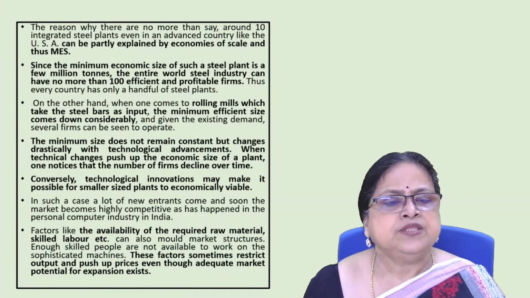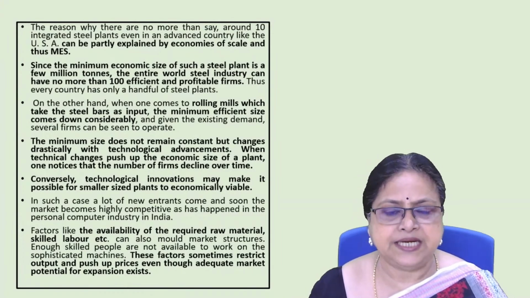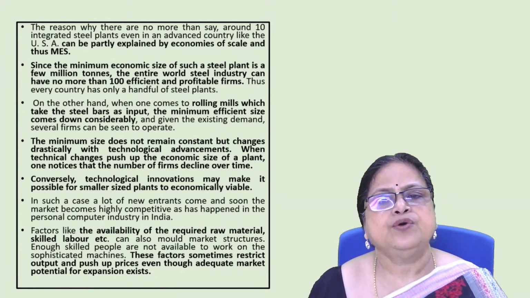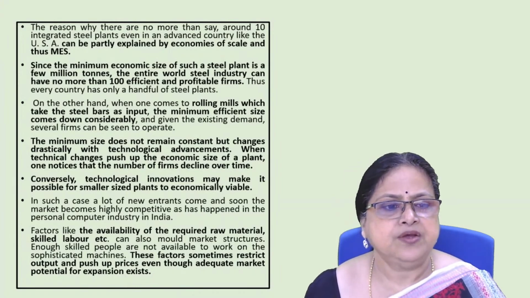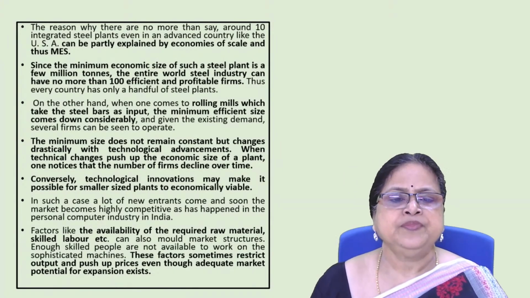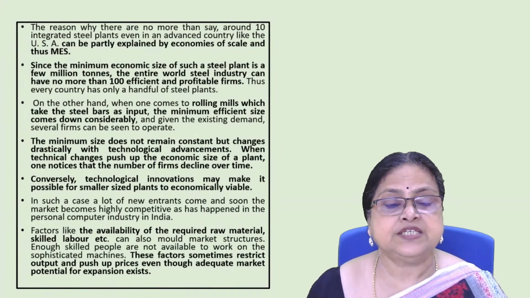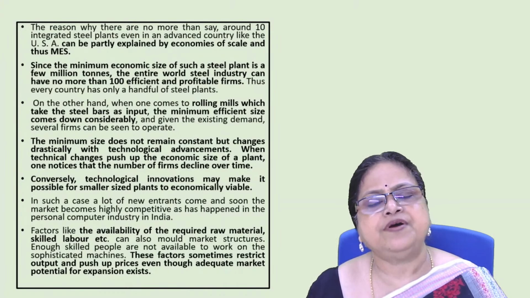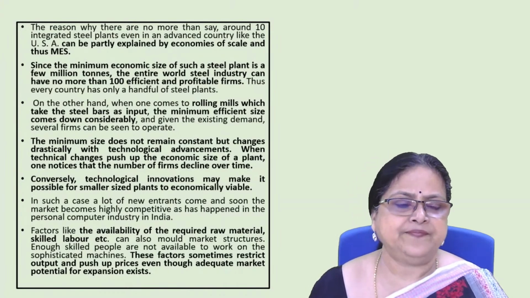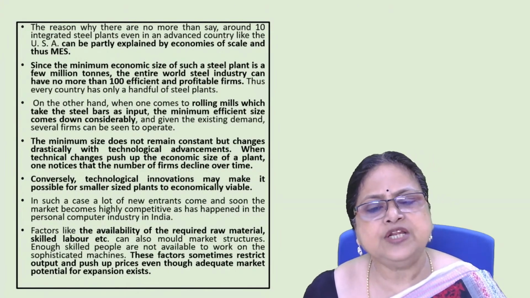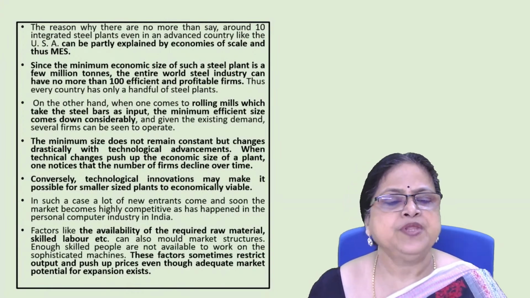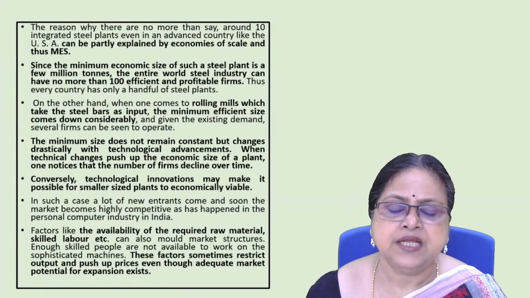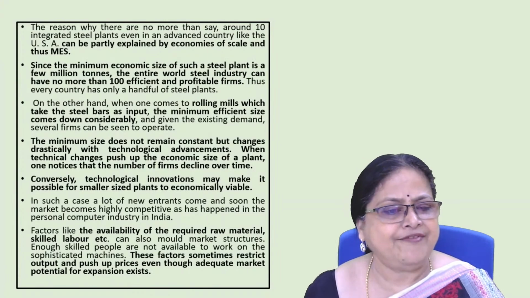The minimum size does not remain constant, but changes drastically with technological advancement. When technical changes push up the economic size of a plant, one notices that the number of firms declines over time. Conversely, technological innovations may make it possible for smaller-sized plants to become economically viable.